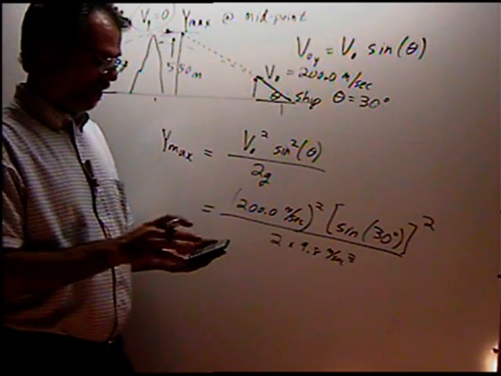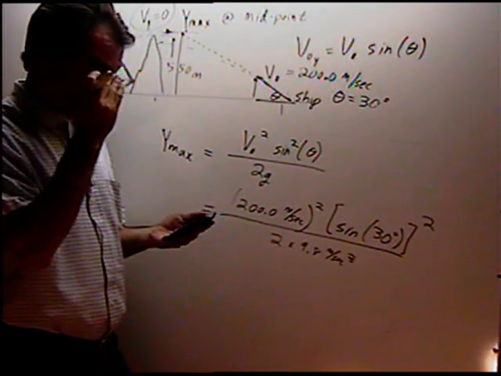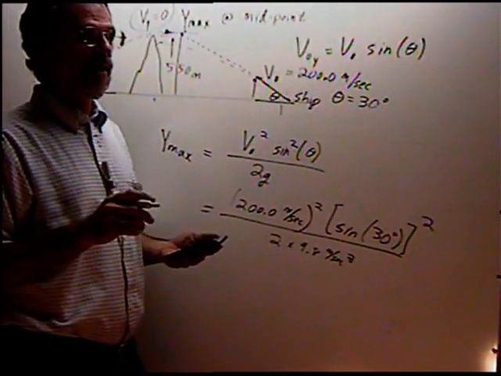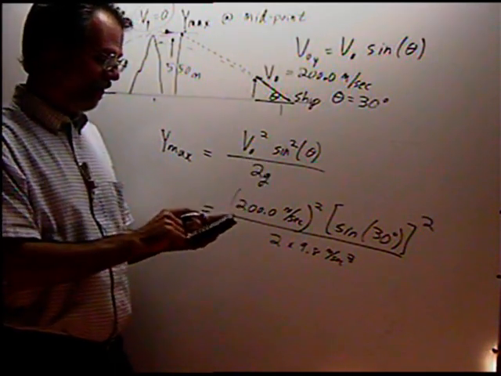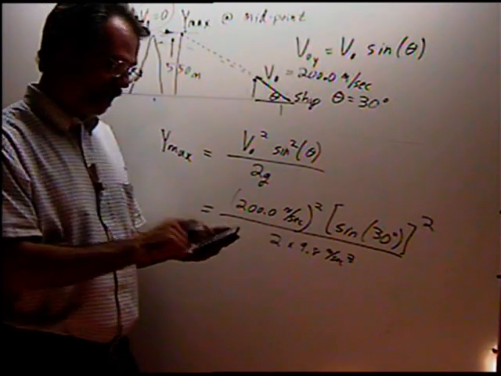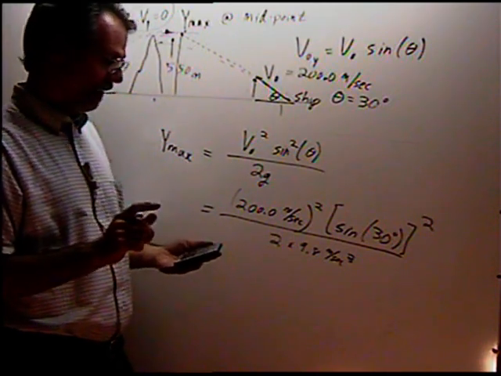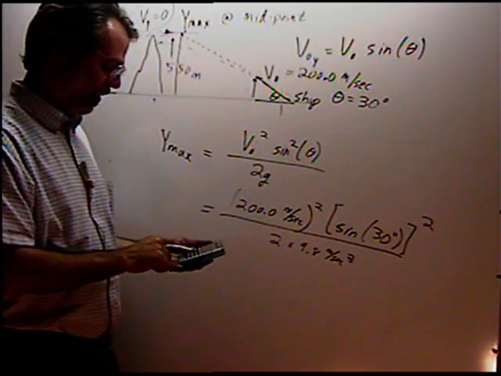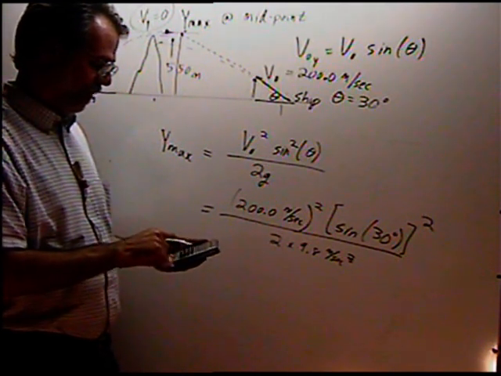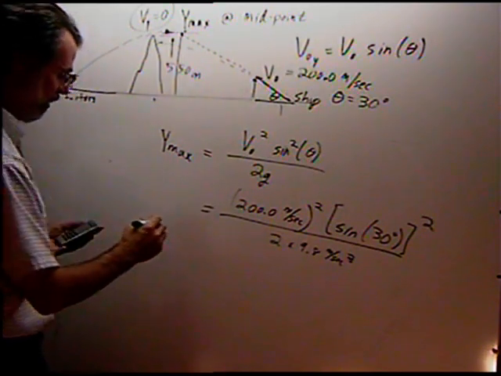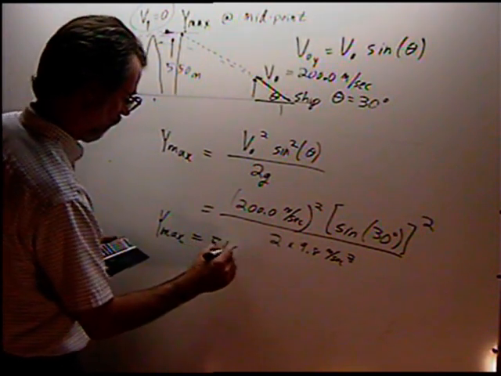Depending on how your calculator is, you may do sine of 30 quantity squared if you have one like a TI-85, but mine's a more simple calculator, so I would punch in 30 degrees, hit the sine button, and then square that, times 200 squared, divided by 2, divided by 9.8, and I get a y max of 510 meters.